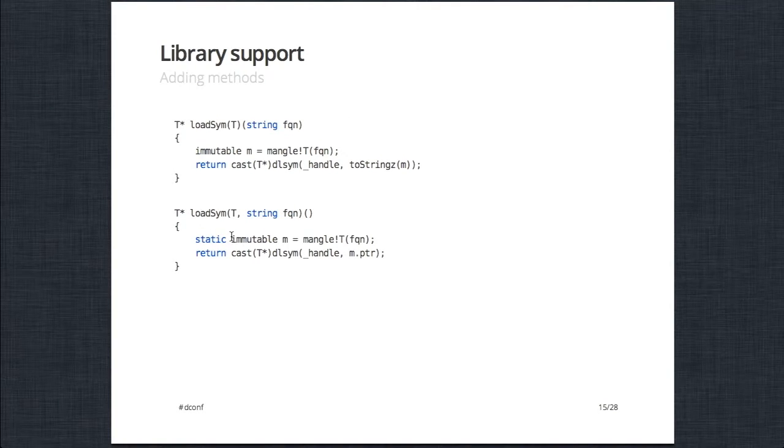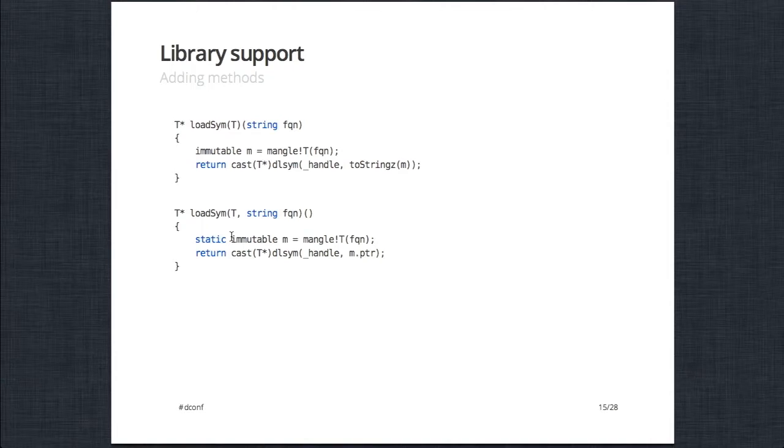There's going to be another very similar function, which is load symbol. It's not very interesting to actually load data out of shared libraries. You can do that, but it's only shared and global shared data you can load out of a shared library. It's not something I would really recommend because it creates a lot more problems than calling functions. The reason why we need a different function for that is because we can't actually specify function types in D any longer.